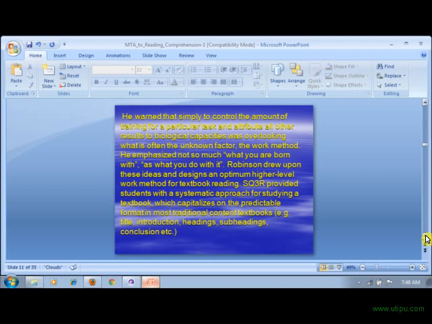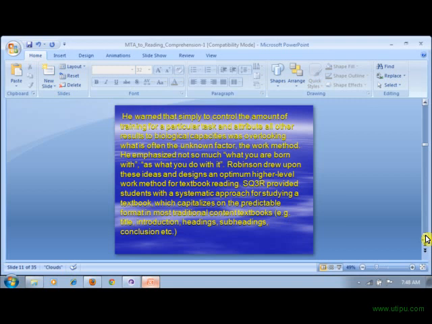He emphasized not so much what you are born with as what you do with it. Robinson drew upon these ideas and designs an optimum higher level work method for textbook reading.